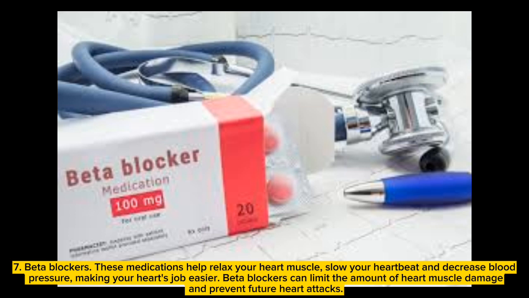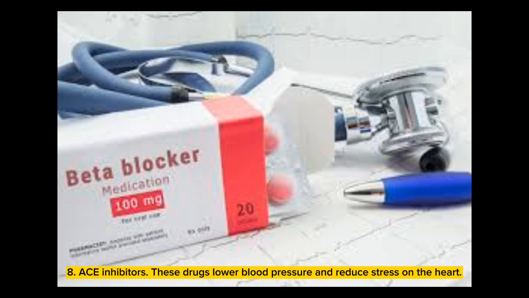This medication helps relax your heart muscle, slowing your heartbeat and decreasing blood pressure, making your heart's job easier. Beta blockers can limit the amount of heart muscle damage and prevent further heart attacks. 8. ACE inhibitors. These drugs lower blood pressure and reduce stress on the heart.